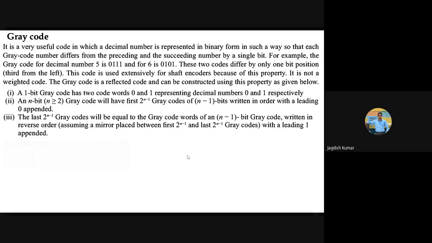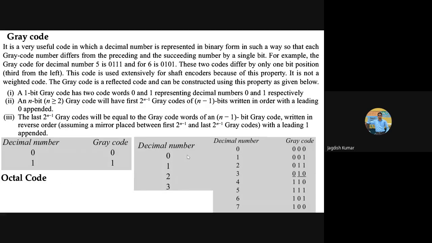Gray code I already told you. Then, of course, there are other codes like octal code that we have already discussed. In octal code, we write numbers from 0 to 7 just the way they are. How do we write 8 in octal code? 8 will be 1, 0. 9 will be 1, 1. 10 will be 1, 2. 11 will be 1, 3, and so on.